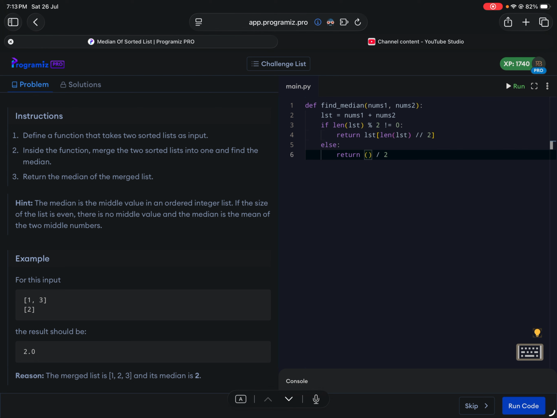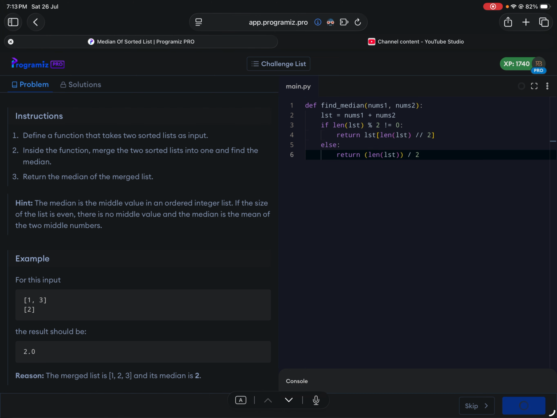It is the middle of the two middle numbers.